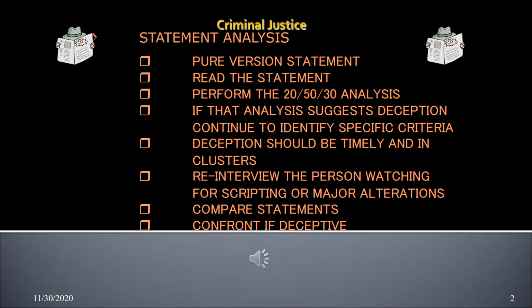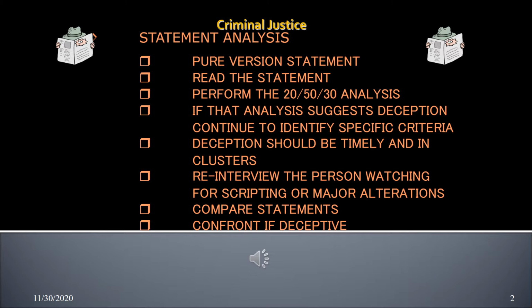So for the statement analysis portion, though, you're going to sit down after the pure version is obtained through all the different processes and just read the statement again to make sure that it's clear. At that point, you're going to perform the 20, 50, 30 analysis on it.